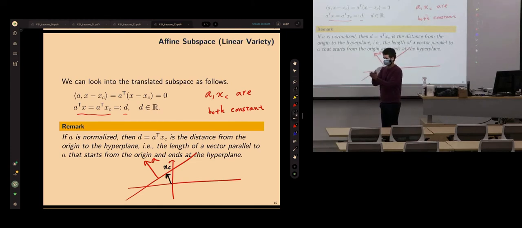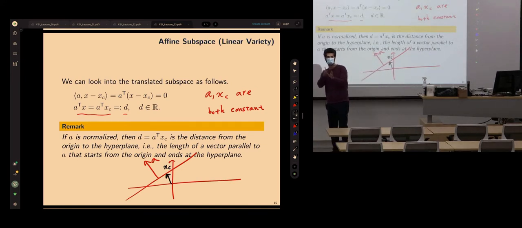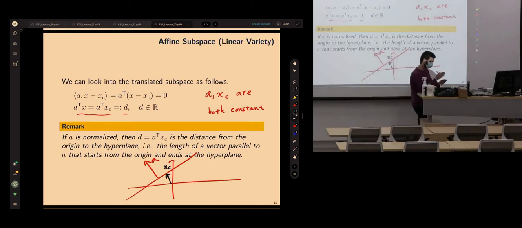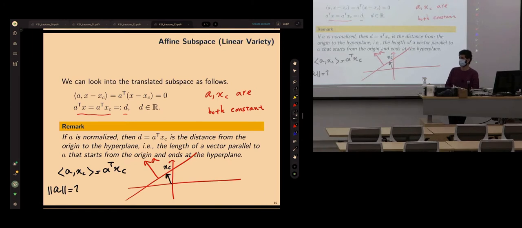The dot product will project the magnitude of our vector along that direction. What is the strength of our vector along another vector? Namely here, the length of xc along A. That is captured by the dot product of A and xc, which is A transpose xc. On top of that, A is normalized. Normalized means that the norm of it is 1. Then it's just a unit vector, it's a direction.